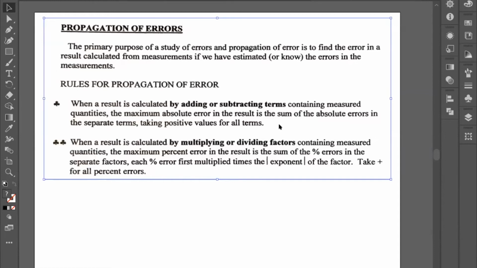So basically, you only add the errors. You only get more error. You never have errors subtract. When you multiply or divide, you add the maximum percent error of each. If a factor is raised to an exponent, you multiply the percent error of the factor by the magnitude of the exponent.